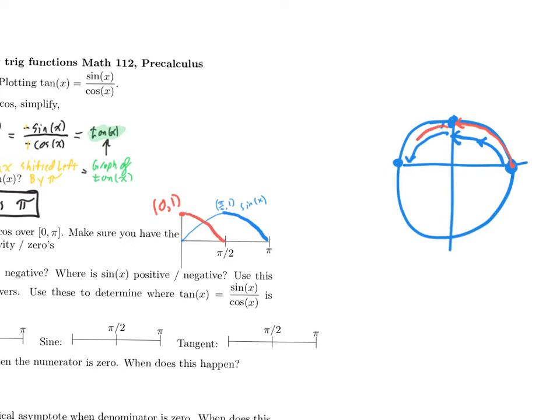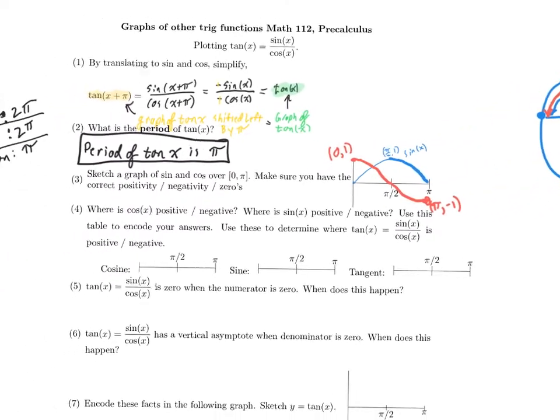It becomes negative until it gets to negative 1 at pi. By reading these off, we can see where these things are positive or negative. Cosine is positive from 0 to pi over 2, negative from pi over 2 to pi. Sine is positive from 0 to pi over 2, and positive from pi over 2 to pi.